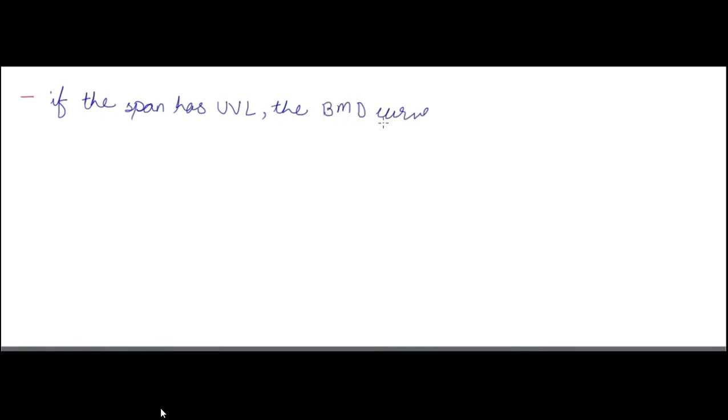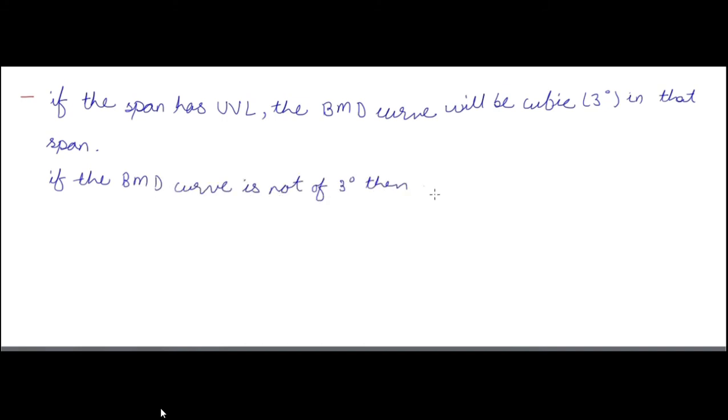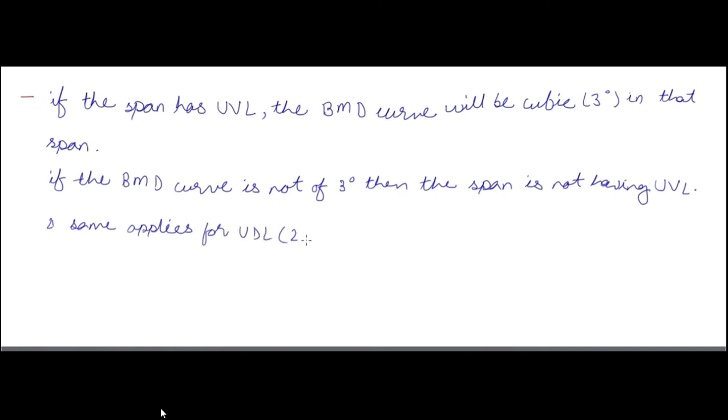If the span has a UVL, the bending moment diagram will be cubic in that span. If the BMD curve is not cubic, then the span is not having a UVL, and the same applies for UDL and point load. So if you are given any bending moment diagram and the curve has a cubic nature, then you should know that the span is having a UVL.